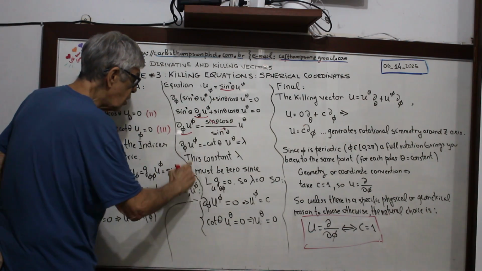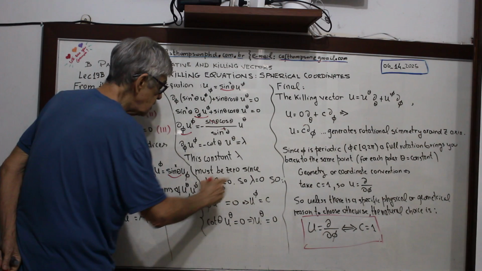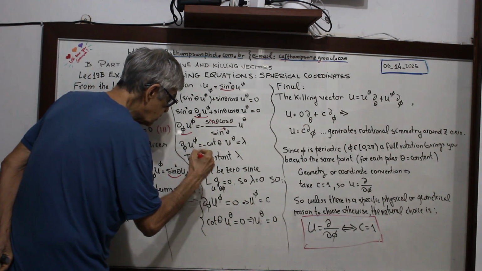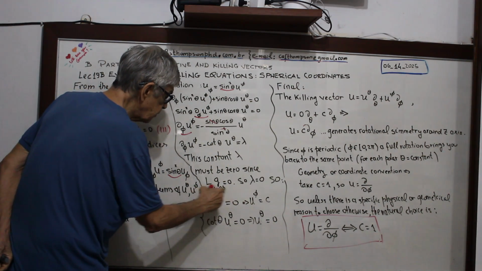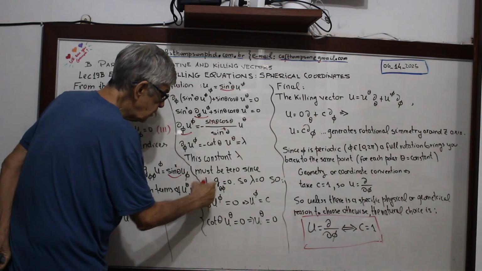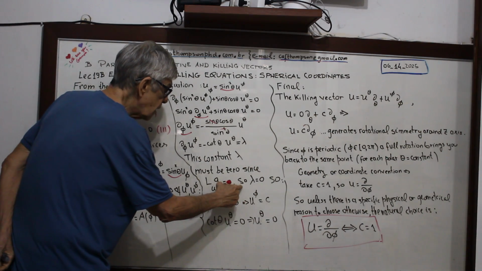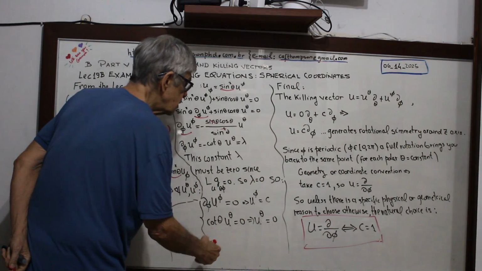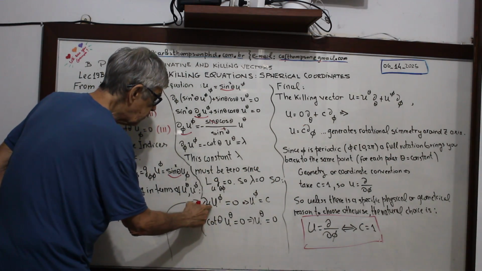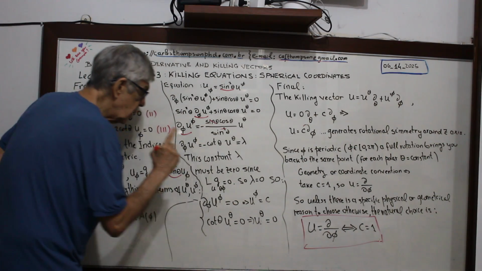Now, this constant must be 0, since you preserve the definition that the Lie derivative of the metric must be 0. That's why lambda must be 0. So, partial phi u phi is equal to 0.